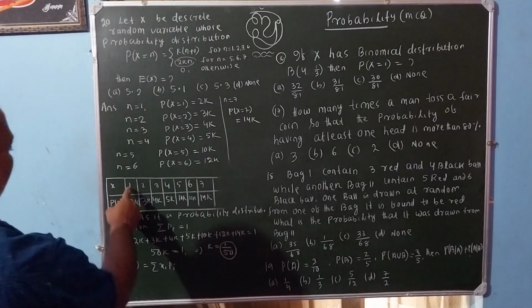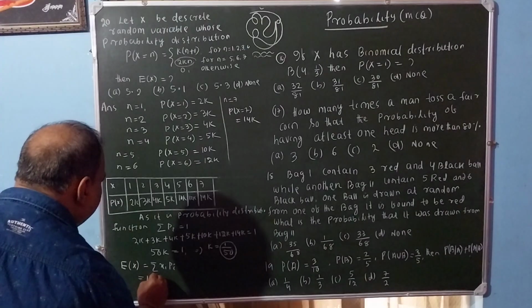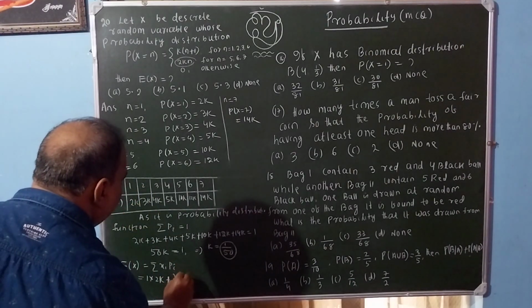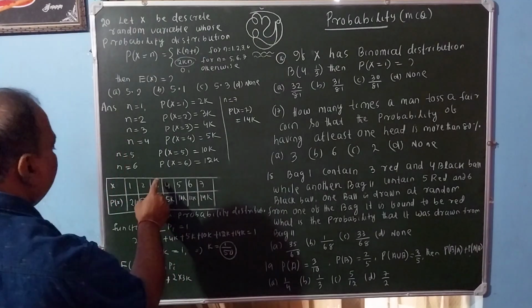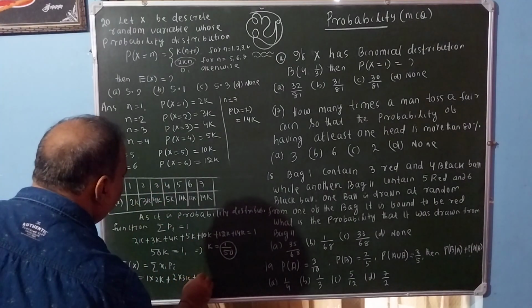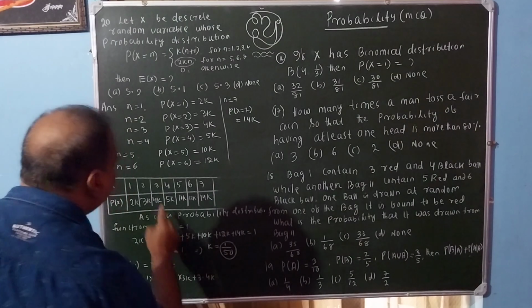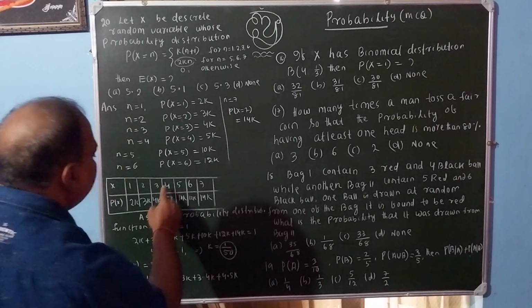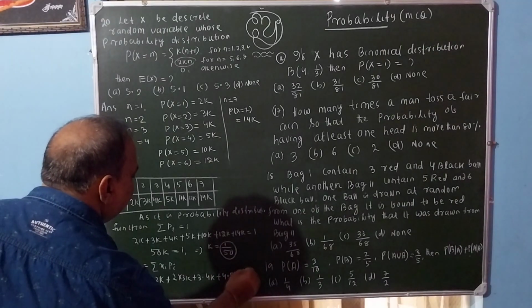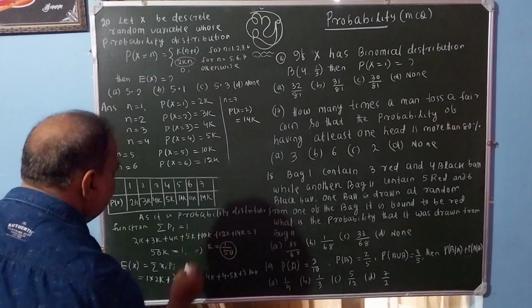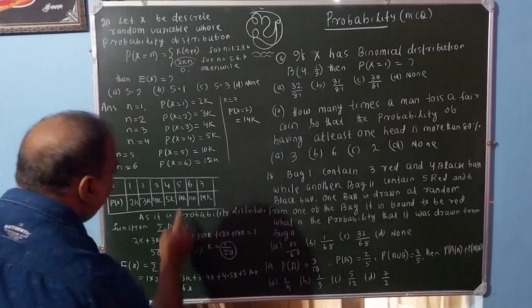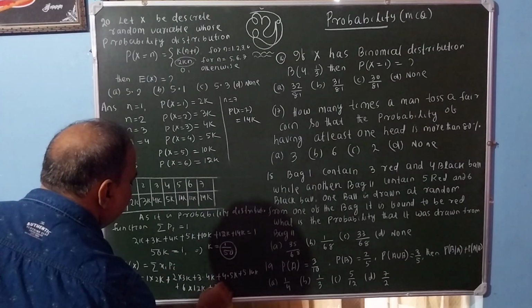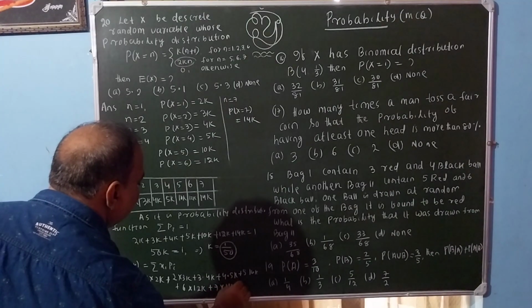Xi means 1 into 2k plus 2 into 3k plus 3 into 4k plus 4 into 5k plus 5 into 10k plus 6 into 12k plus 7 into 14k.